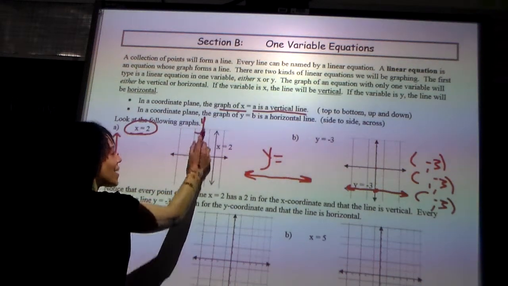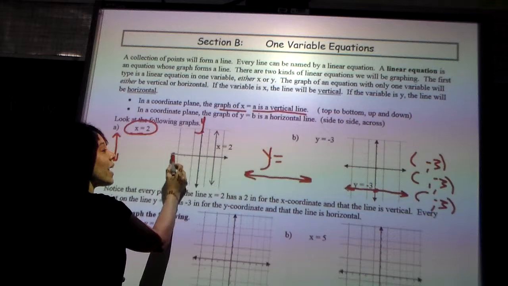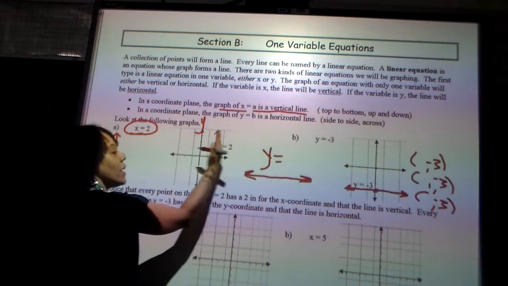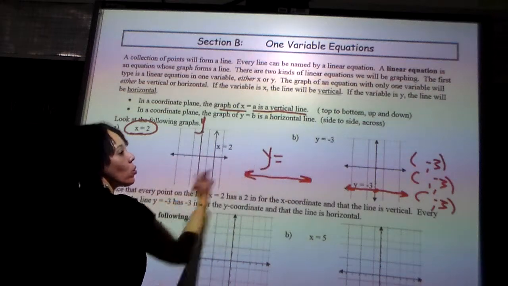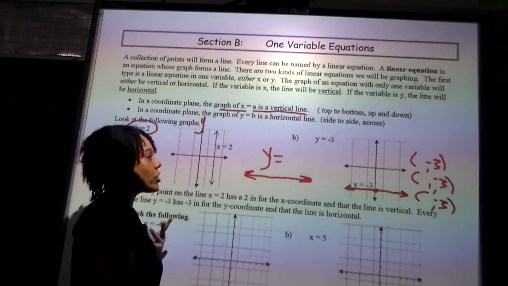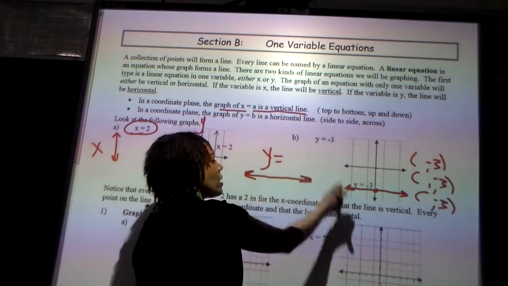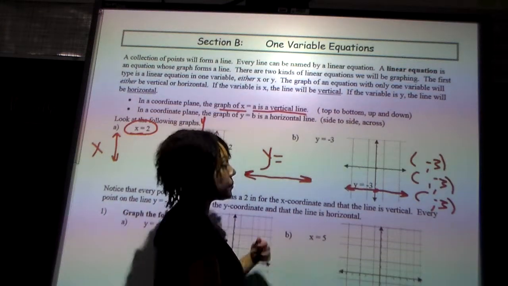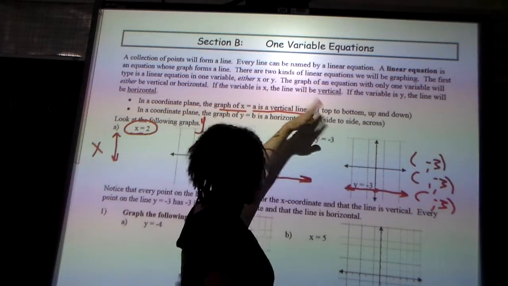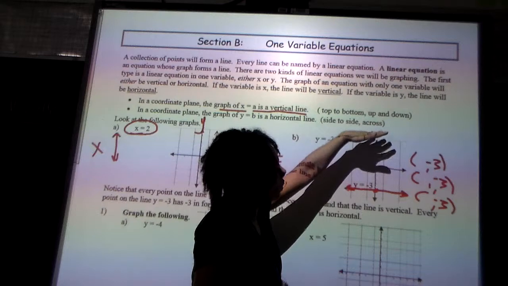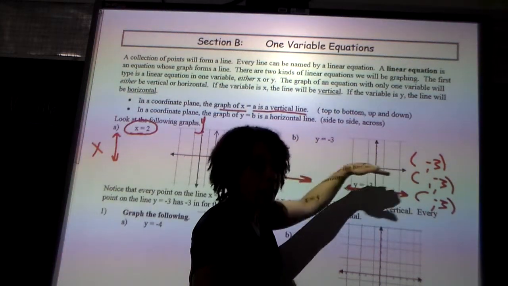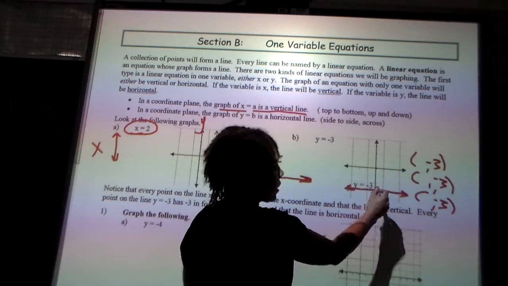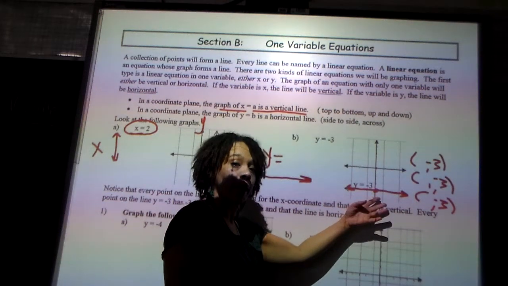If the y-axis is up and down, when you find x, you're finding a place where your vertical line is going to be parallel to the y-axis. And vice versa, if you're finding y, it's the opposite. If y equals something, it doesn't matter where I fall on x, it's going to be a horizontal line, wherever your point is. In this case, it's at -3.